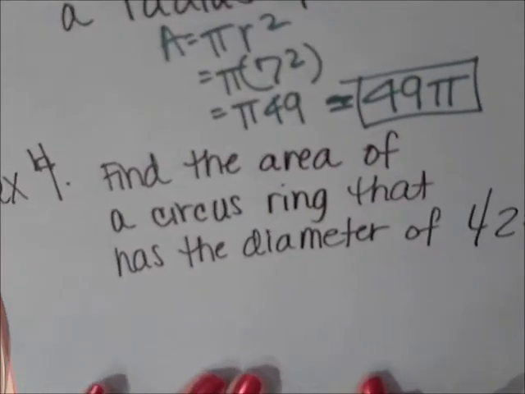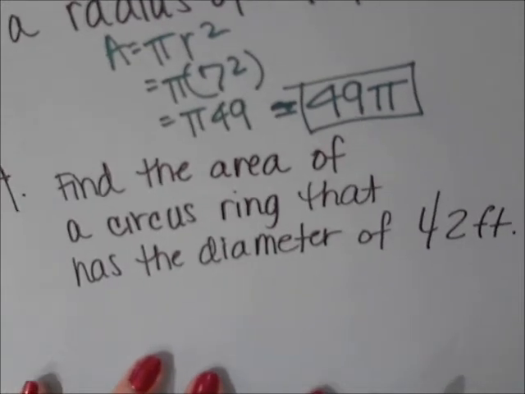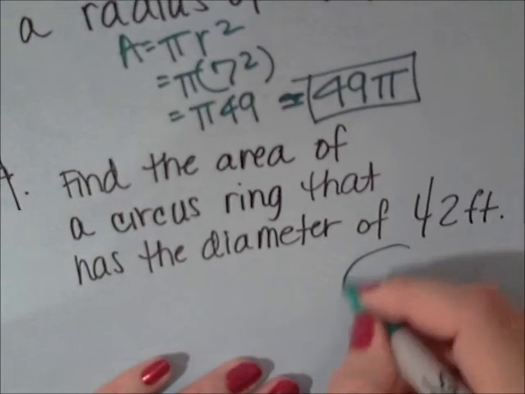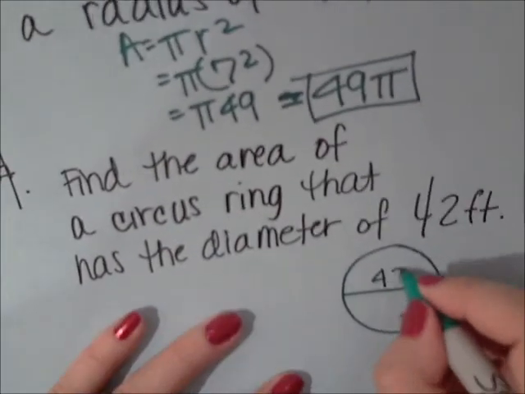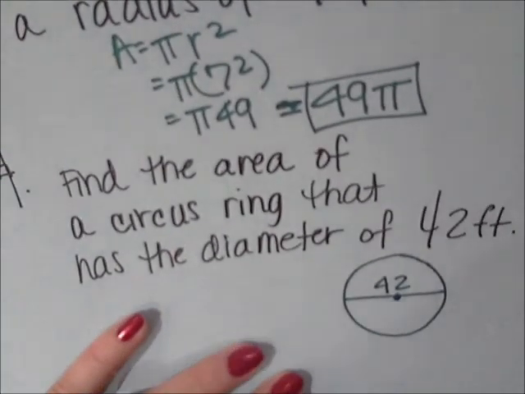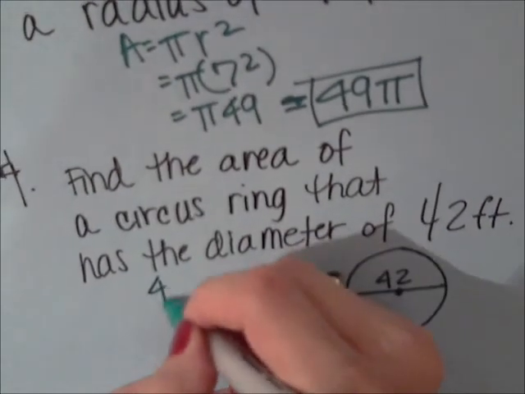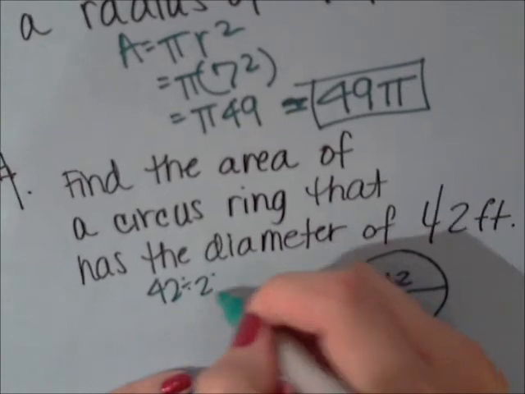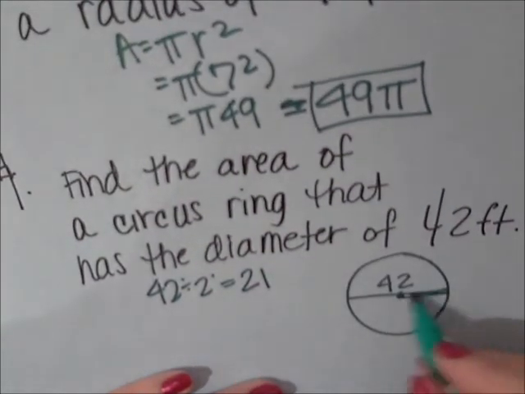All right, next we're going to find the area of a circus ring that has a diameter of 42. Okay, that one requires us to divide the diameter, 42, by 2 to get 21, because the radius is 21.